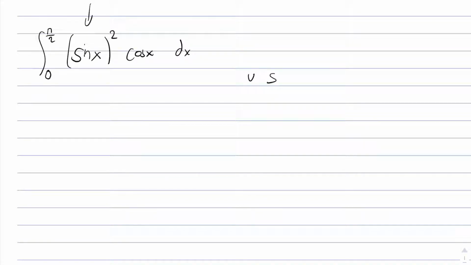So in this case, u would be sine x, and du would be cosine x dx. And remember, this is reversing the chain rule. And so if we do this, we get u squared du, because we can sub in u for sine x, and du is equal to cosine x dx.